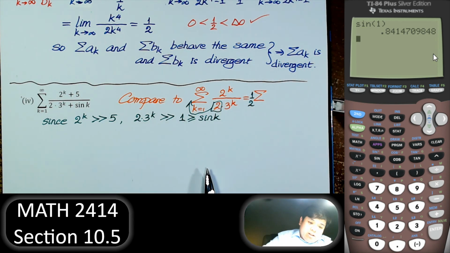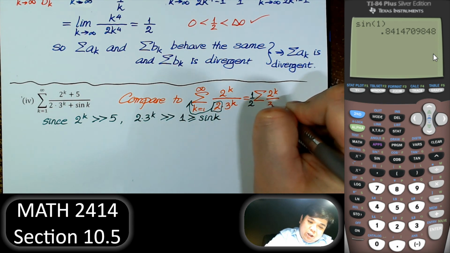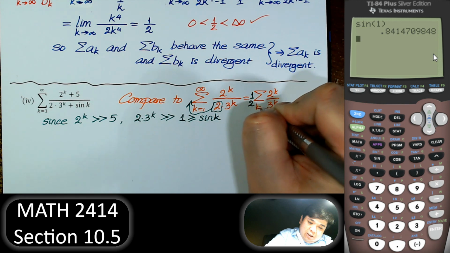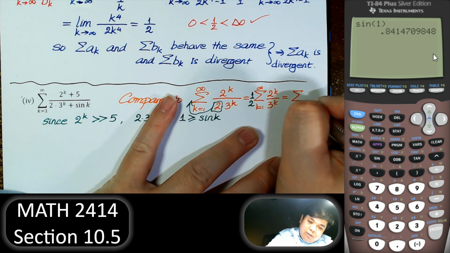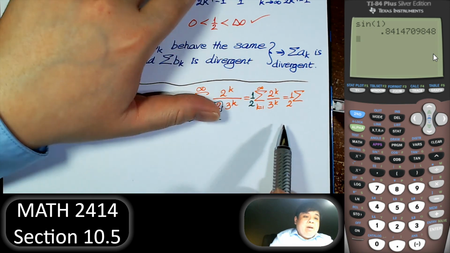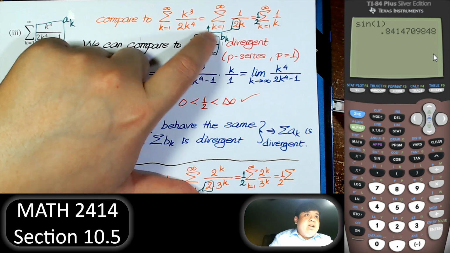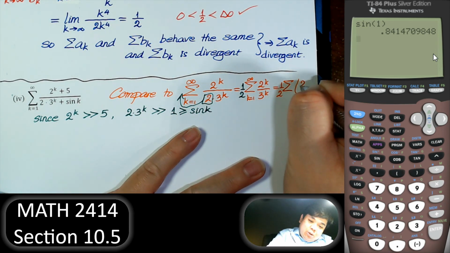And then we have 2 to the k over 3 to the k. As mentioned before, whether we have the 1/2 or not, it doesn't matter in the calculation. But usually we drop it, so it's easy to see.